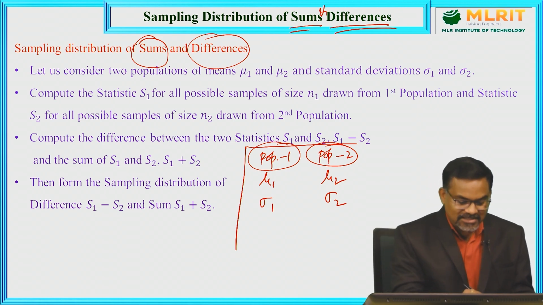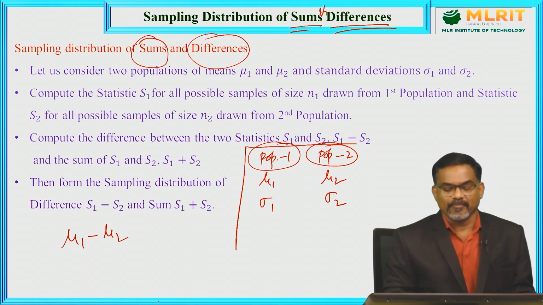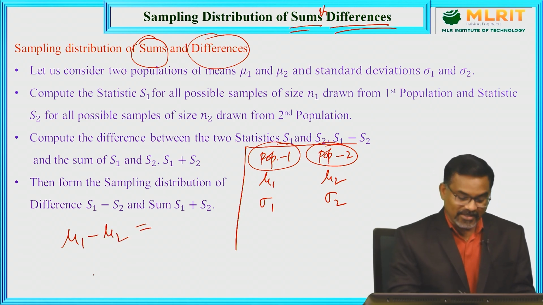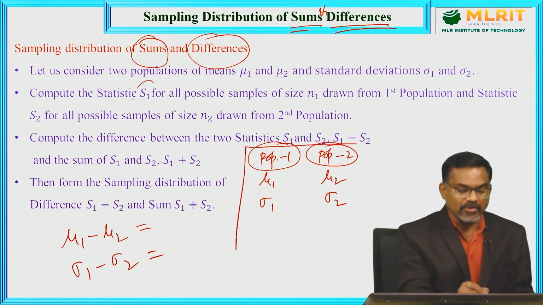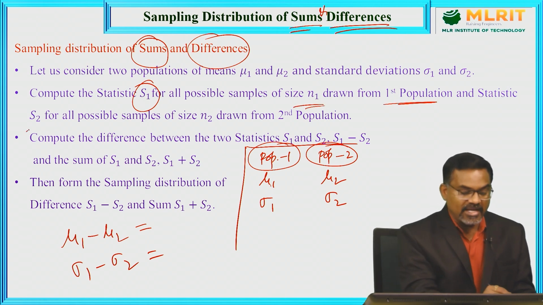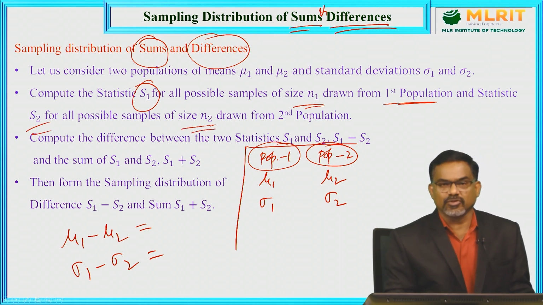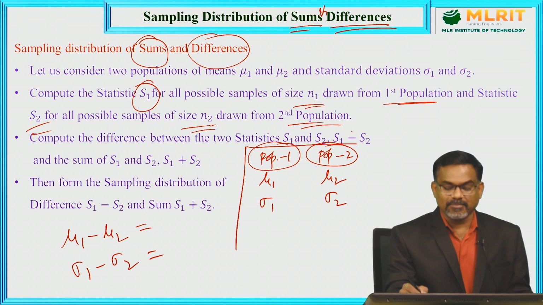Now, let us calculate the difference between these two. For example, mu1 minus mu2, the difference between the means, or sigma 1 minus sigma 2, the difference between the standard deviations. In general, let us compute statistic S1 for samples of size n1 drawn from the first population, and S2 for samples of size n2 from the second population. Then we find the difference between the two statistics, S1 minus S2.